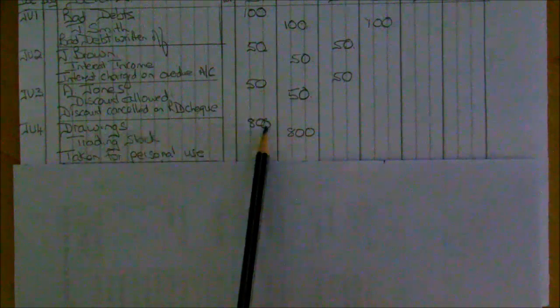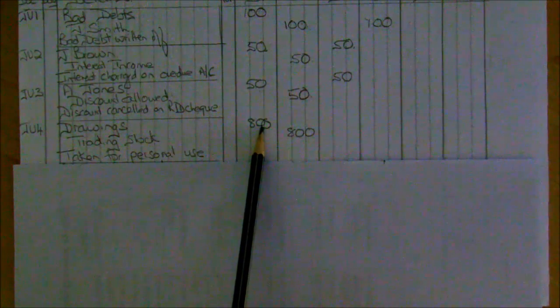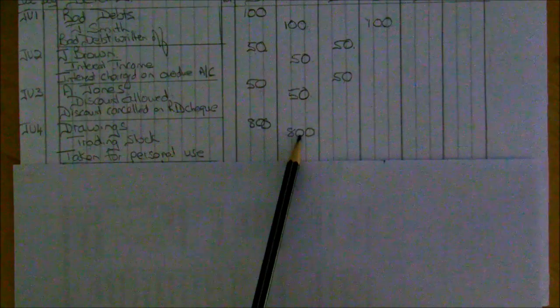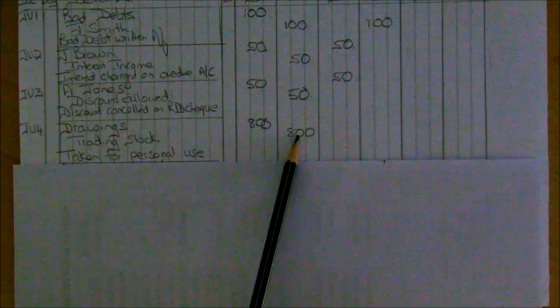Alright, so the drawings one, drawings from your Daxel or your acronym that you used back in grade 9 when you learned the double entry, the drawings account is always debited. So you debited the drawings with the 800 Rand, which is exactly what we did in the ledger, and we credited the trading stock. You are minusing away from your asset. You are minusing away the 800 Rand.